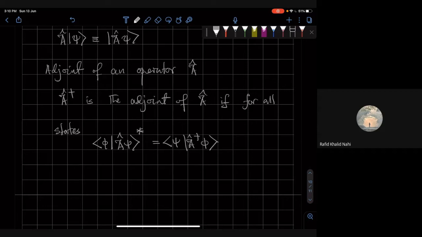So if A dagger satisfies this relationship for all phi and psi, that is all states, then we call A dagger the adjoint of A.